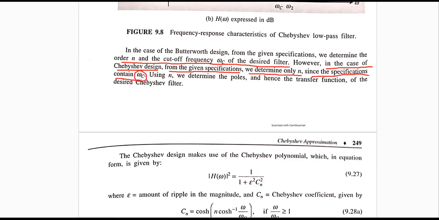So here we have the advantage that we can specify our omega c straightforwardly. In the Butterworth filter, we specify omega 1 and omega 2, and omega c is generated in between. So you do not have much control over omega c in some cases. But in the case of the Chebyshev filter, you can start with omega c. So you have full control over the cutoff frequency.